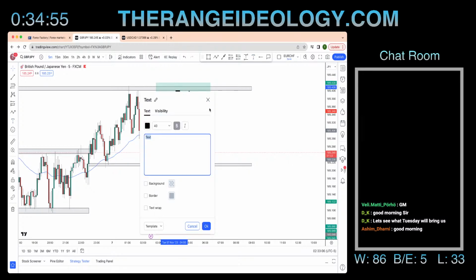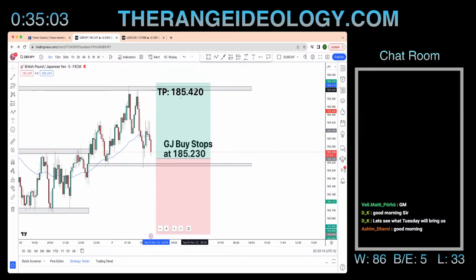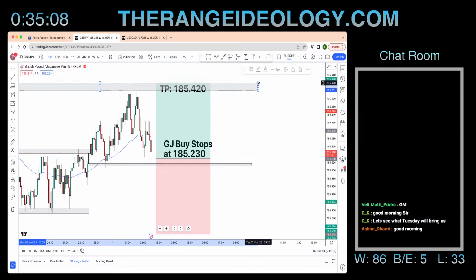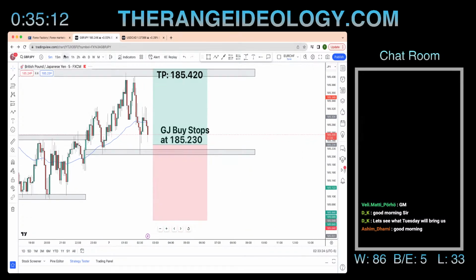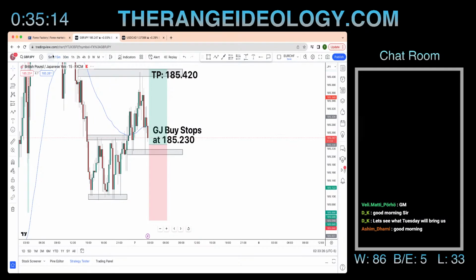Okay, so let's set this. TP would be at 185.420. We have the 30-minute EMA down here as well.